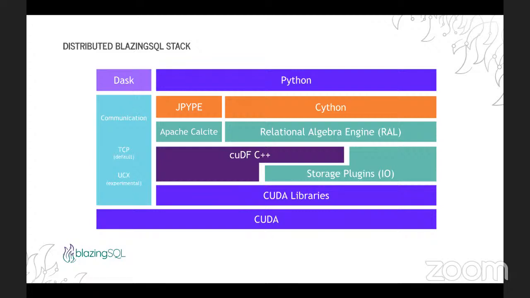We use Apache Calcite to parse the SQL queries and create the relational algebra that then gets executed using CUDA kernels. The interactions with the BlazingSQL engine happen through the Python layer, and we use Cython to convert the Python calls to run on CUDA. If you need distribution, you can use Dask, which facilitates the communication between workers. Right now, we support TCP, and UCX is in an experimental stage.